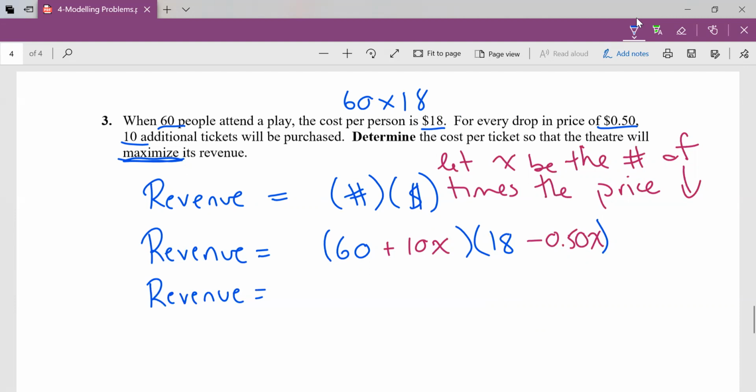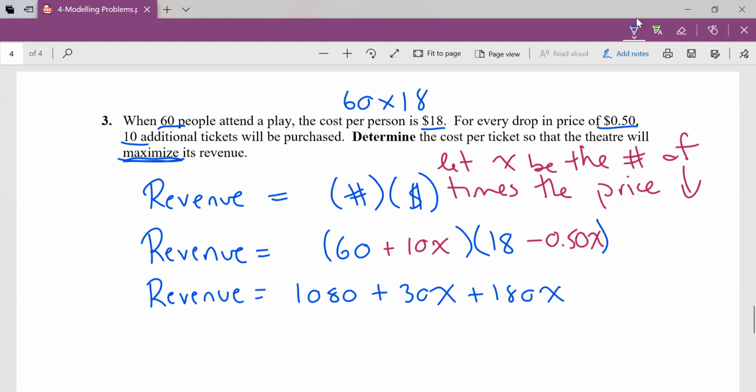Now, on revenue questions, we get some numbers where we definitely need a calculator. So let's distribute this out. So 60 times 18 is 1080. 60 times a half is 30x. 10x times 18 is 180x.